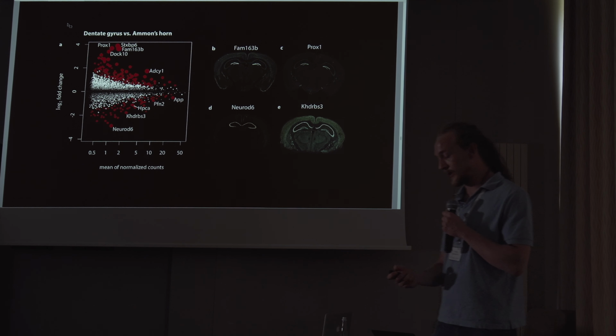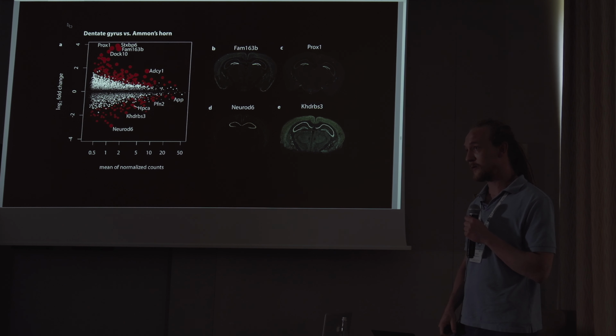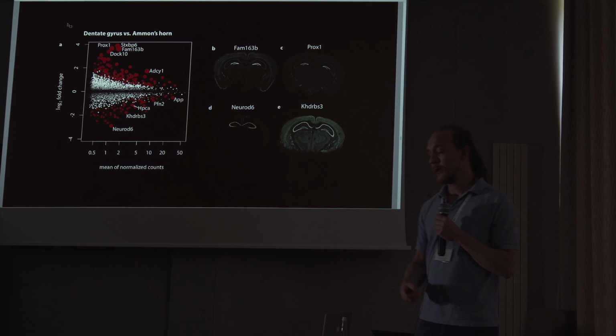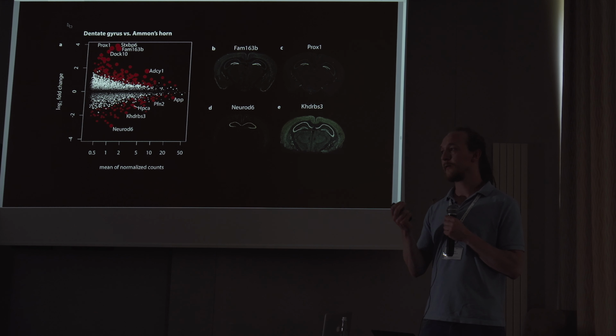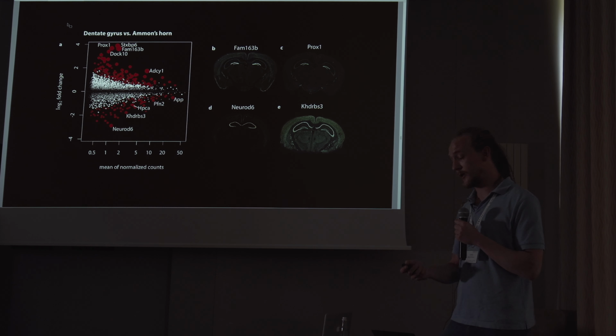So here's the result of performing the differential gene expression analysis. The point here is that because we did a multi-sample analysis, we get a consistent classification of the spots in multiple samples. And for this reason, we have greater statistical power to look at smaller anatomical regions to perform differential gene expression analysis.